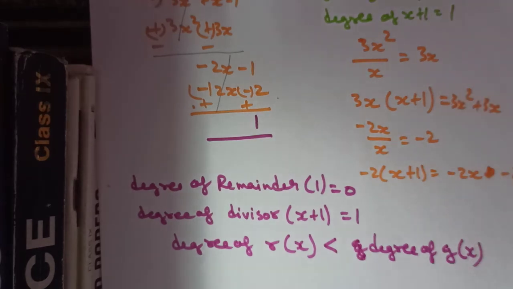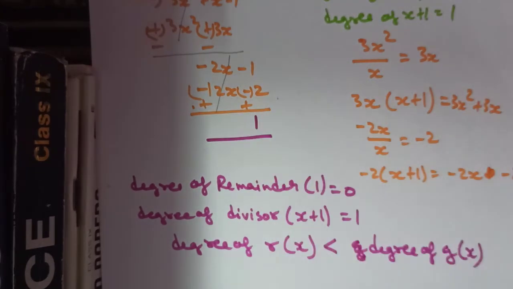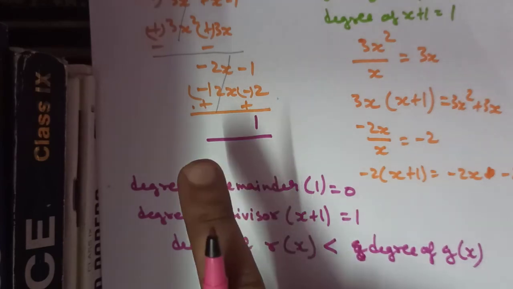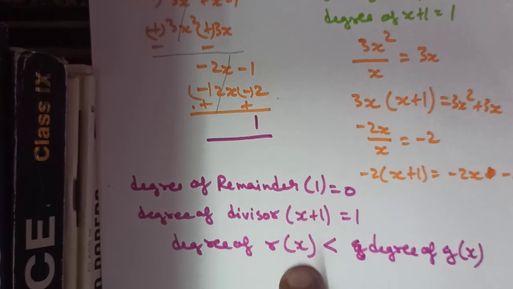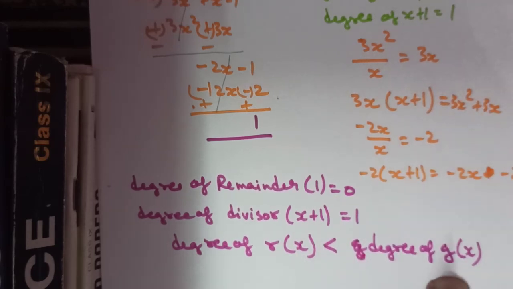Hope it is clear now. Remainder is 1, degree is 0; the divisor is x plus 1, degree is 1. So the degree of the remainder r(x) is less than the degree of the divisor g(x). All 3 points are clear.